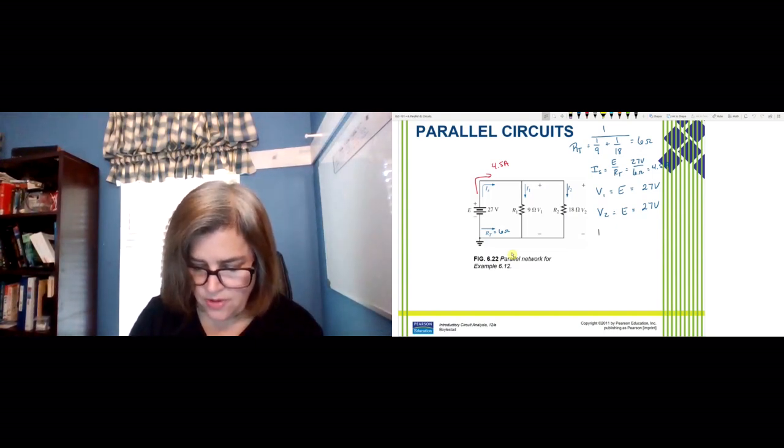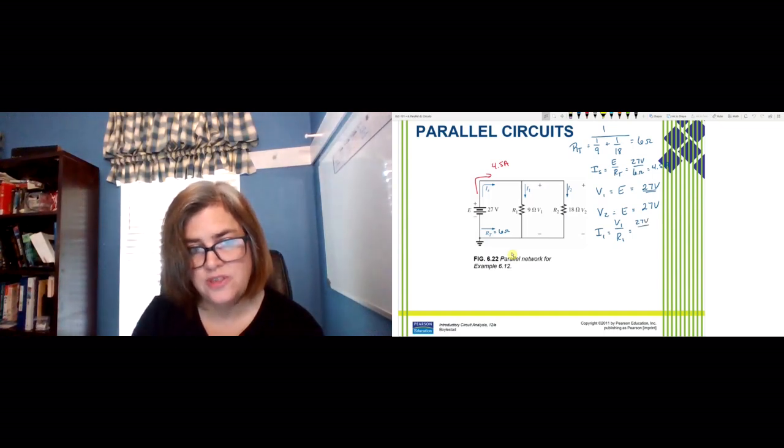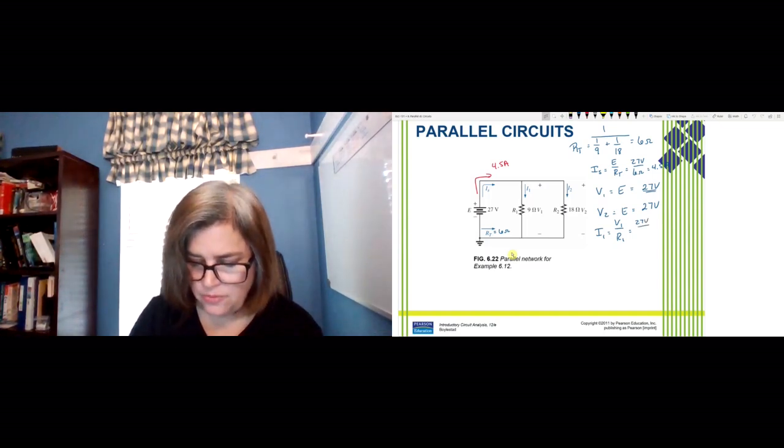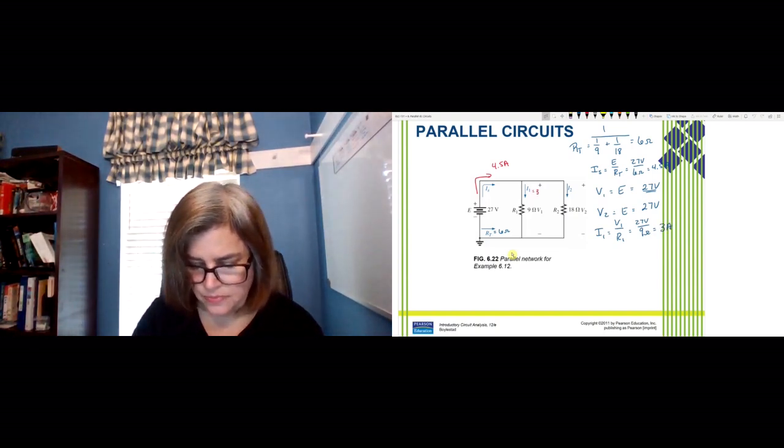So if we want to find I1, that's going to be V1 over R1. And remember, V1 we just found was 27 volts because it's in parallel with the source, divided by that 9 ohms of resistance, means that we have 3 amps of current here. And our I2 is going to be V2 over R2, where again we have 27 volts, but this time divided by 18 ohms.